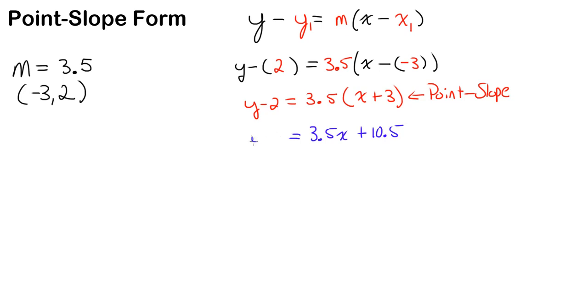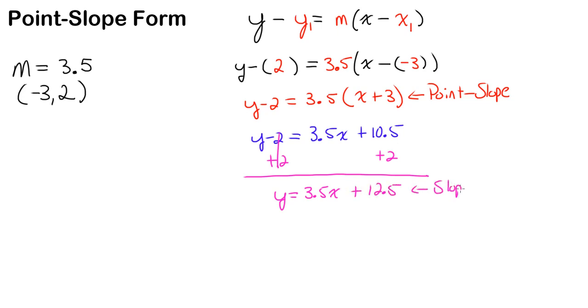We bring down the rest of the equation, and then we just need to solve for y. So I need to get rid of this negative 2 by adding 2 to both sides. And we get the equation y equals 3.5x plus 12.5. And this is our equation in slope-intercept form.